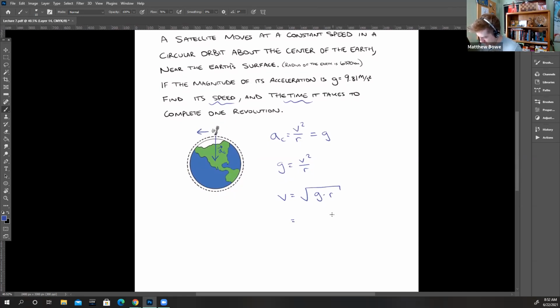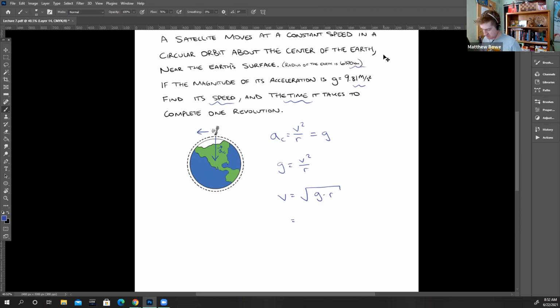I'll just quickly put in some values here. Something else that I should note is that this value for the radius is in kilometers. It would probably be easier to make that meters, since g is in meters per second squared. We can't mix meters and kilometers. They both have to be the same unit.